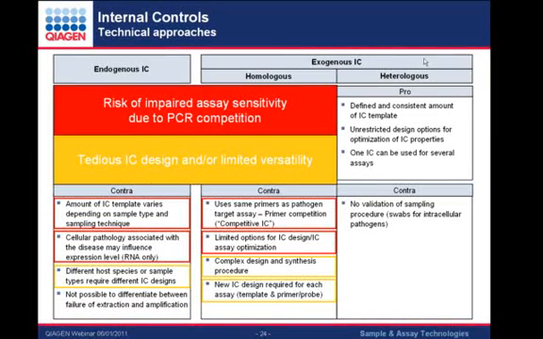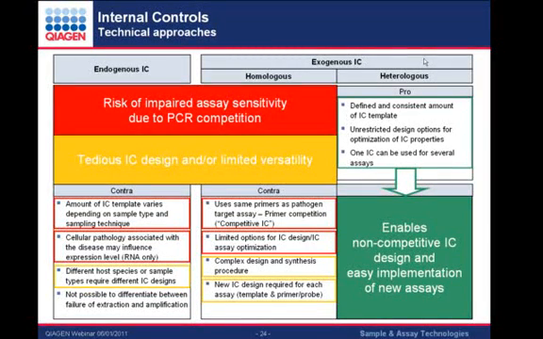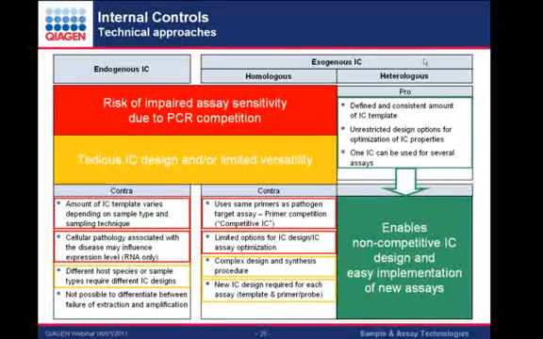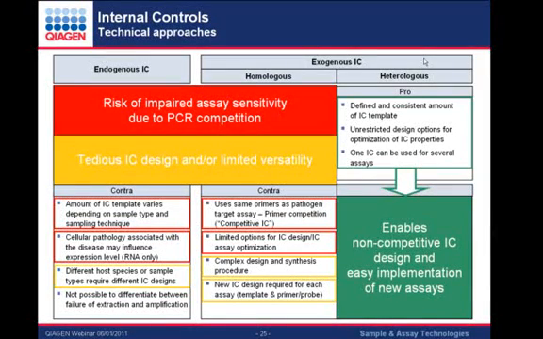And only an exogenous IC system offers the possibility to be used with various assays. As a downside, heterologous internal controls can not be used for validation of the sampling procedure for some special applications, for example, for swabs when looking for intracellular pathogens. So all in all, each of the internal control approaches has its own value for specific applications, especially when it is used in the hands of PCR experts.